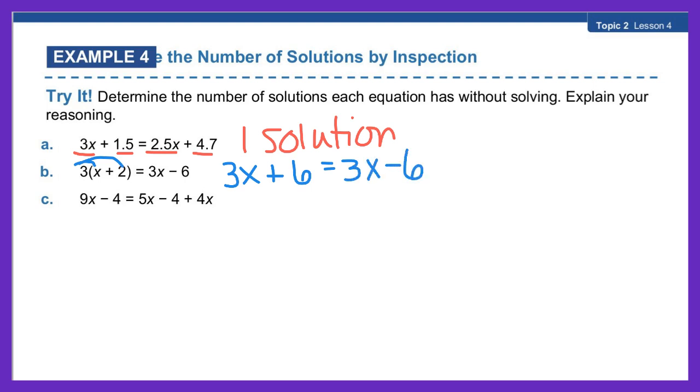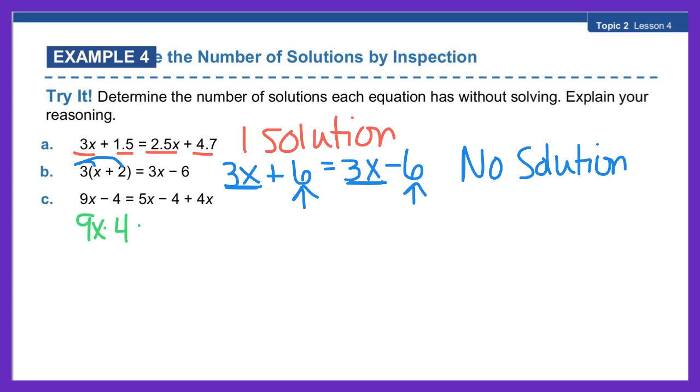Well, same variable term. Uh-oh. Different constants means there is no solution. And the last one, 9x minus 4 on the left, 9x minus 4 on the right. Those appear to be identical, which means I have an infinite number of solutions.